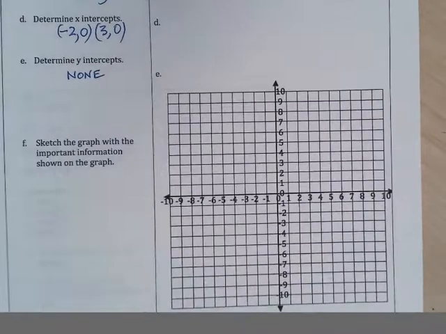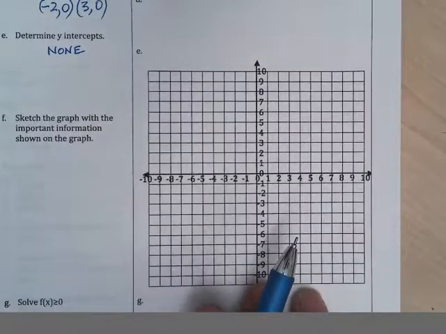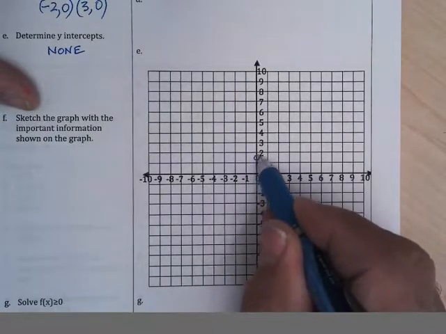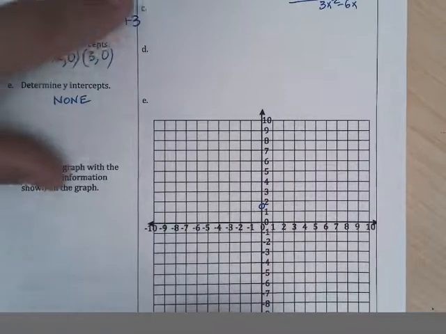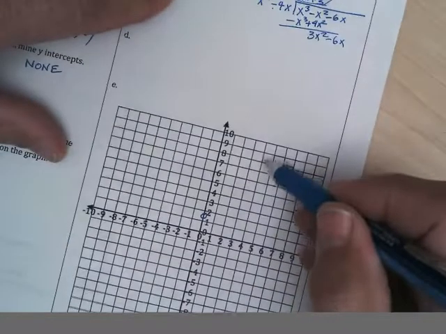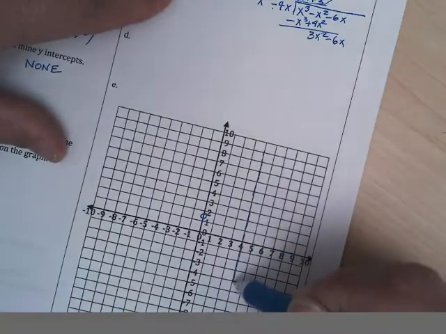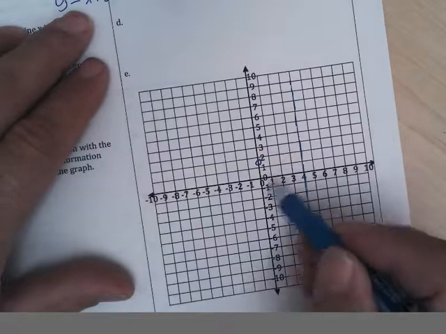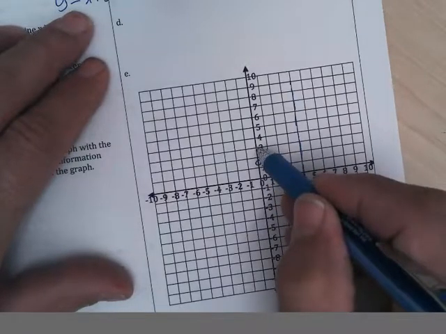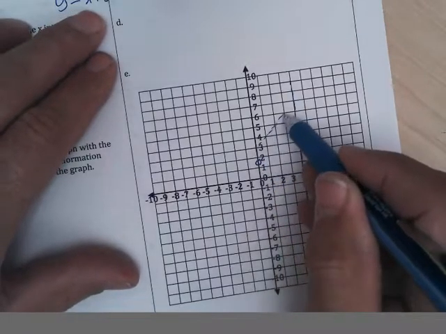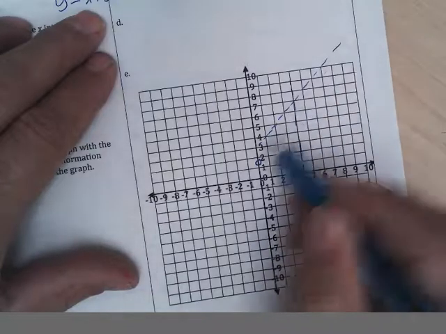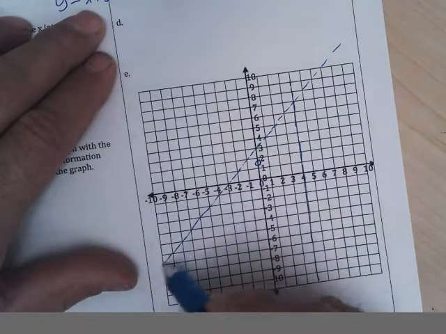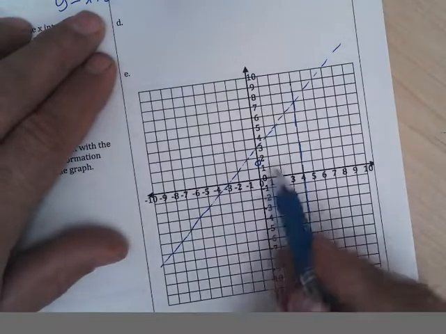And then sketch the graph. So we have a hole at 0, 1.5. We have a vertical asymptote at 4. And we have an oblique asymptote at x plus 3, slope of 1. No y-intercept.